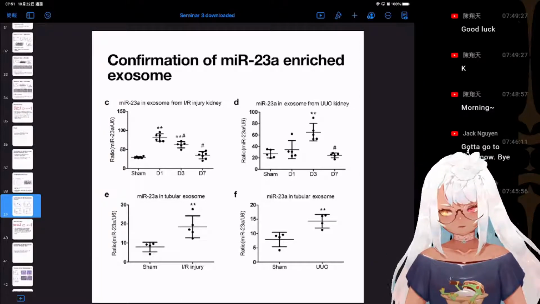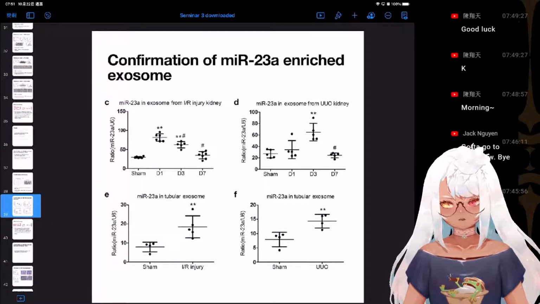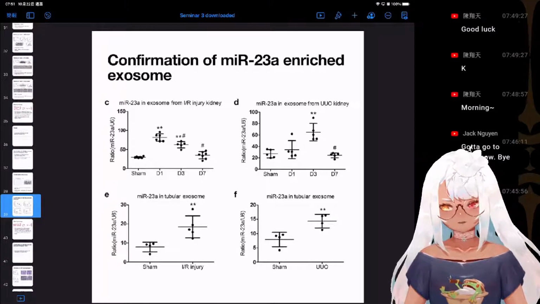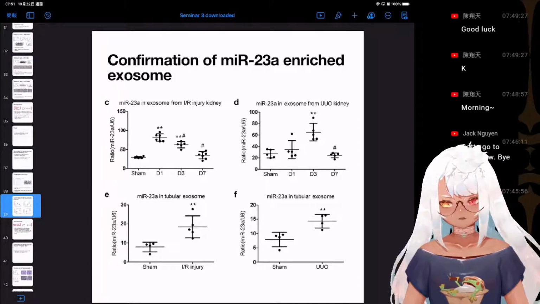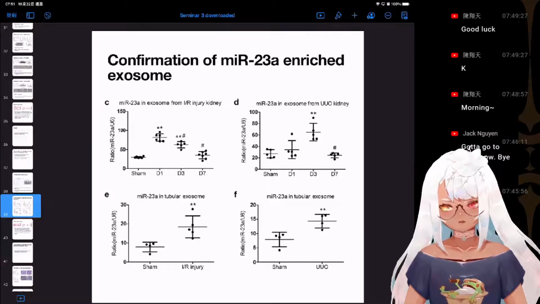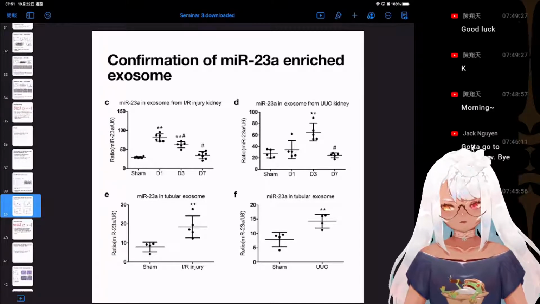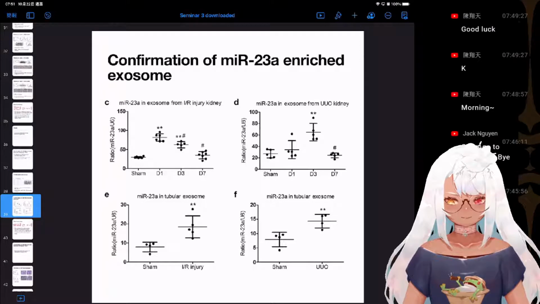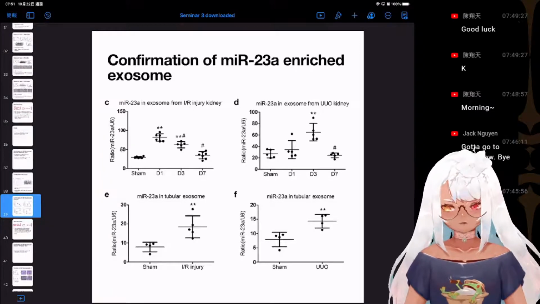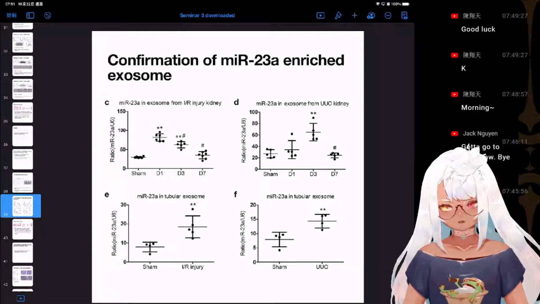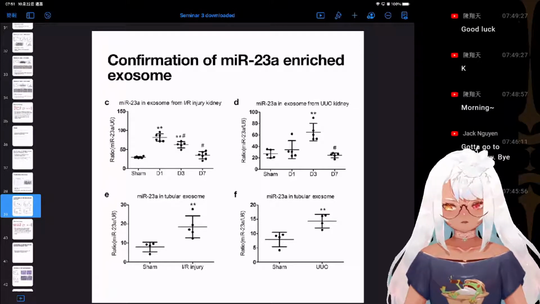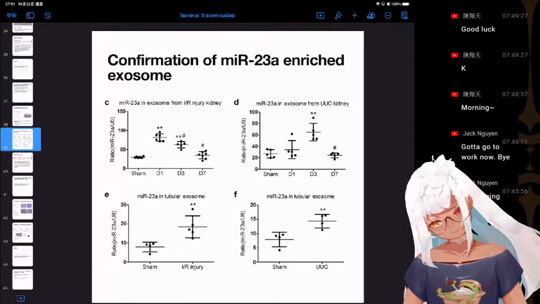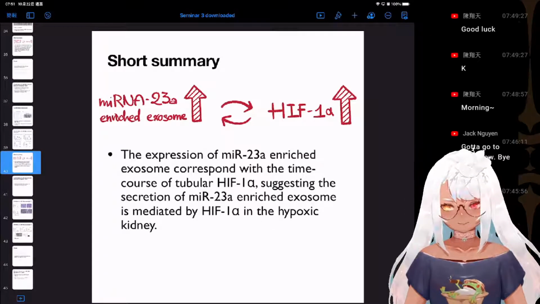To be more specific, the author extracts the tubules from these injured kidneys, purifies exosome from these tubules, and does the same experiment, and also confirms that there is a significant increase in miR-23a.